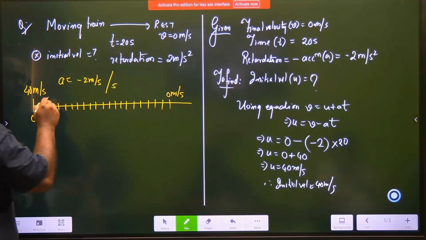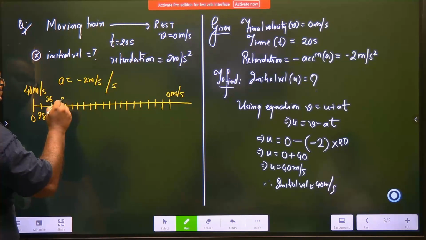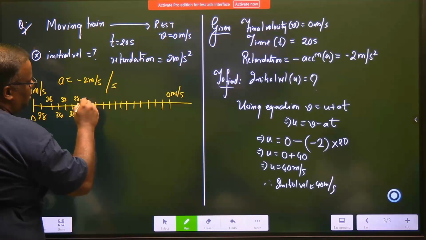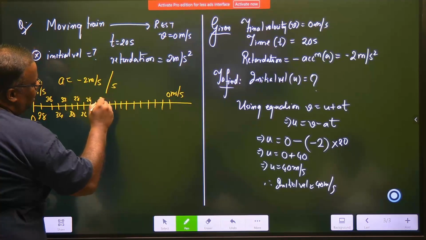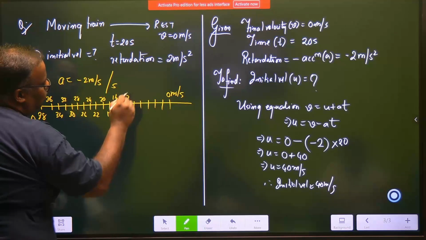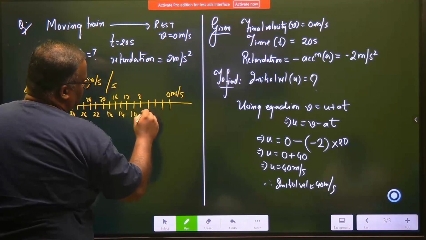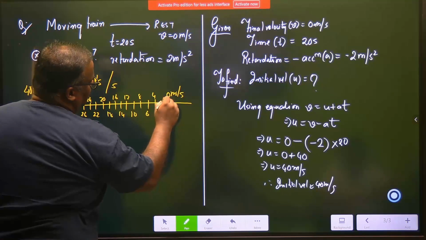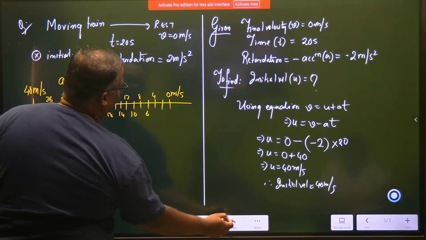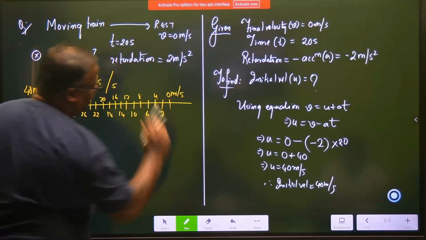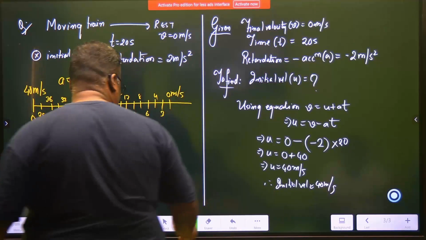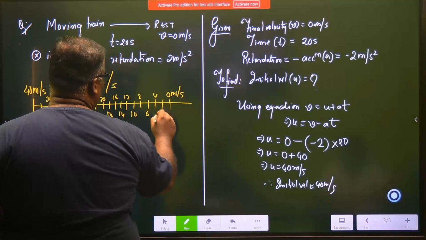At the second, 36, 34, 32, 30, then 28, 26, 24, 22, 20, 18, then 16, 14, 12, 10, 8, 6, 4, 2, and it comes to 0. This is the beauty of physics. I get excited. This is 4, this is 2, this is 0.